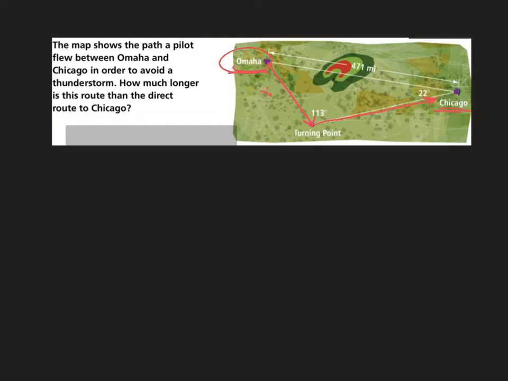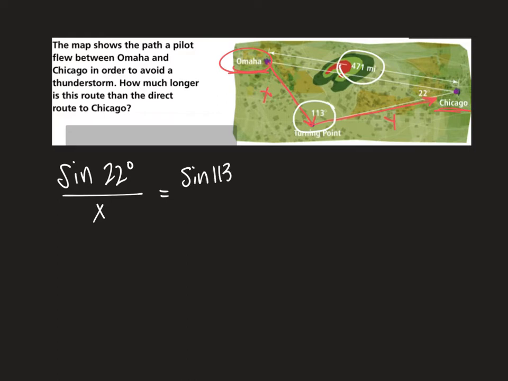So I need to find this measure and I need to find this measure. That means I'm going to have to use the law of sines twice. The first one is just going to be the law of sines, and we can find x first. So our law of sines would say that the sine of 22 degrees over x is equal to the sine of 113 degrees over 471.